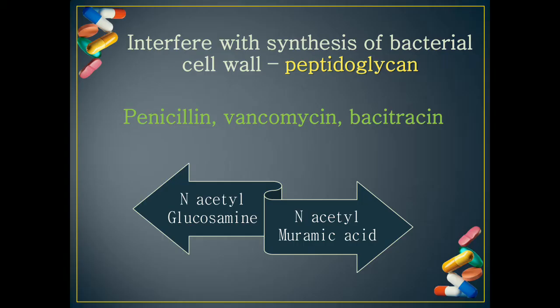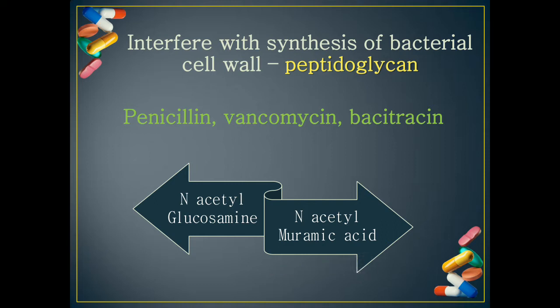Now the bacterial cell wall is made up of a component called peptidoglycan, and this peptidoglycan has 2 major units in it, that is N-acetyl glucosamine and N-acetyl muramic acid. These are the 2 units which are present in the peptidoglycan of every bacterial cell wall.